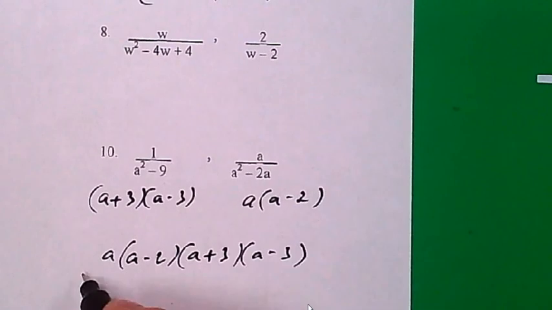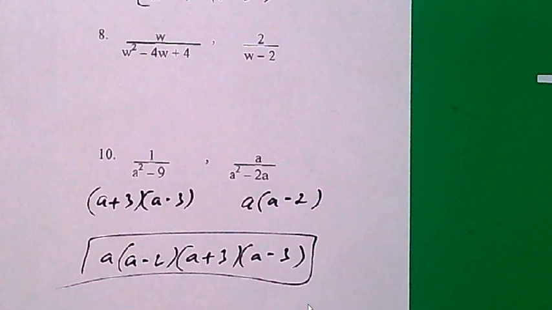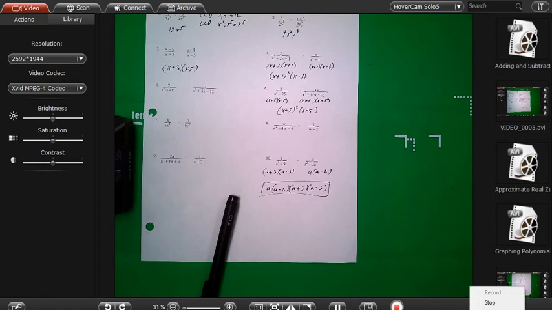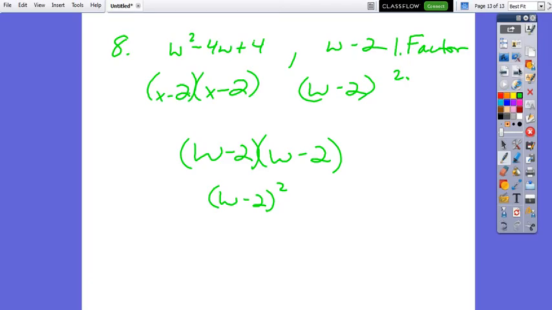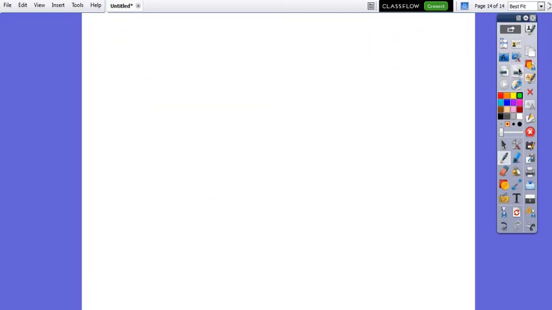Okay? All right, we're going to stop that, and we're going to move on to the next aspect of this, and that is to not only find the LCD, but also add like fractions. Okay? So write this down, or add fractions with unlike denominators.